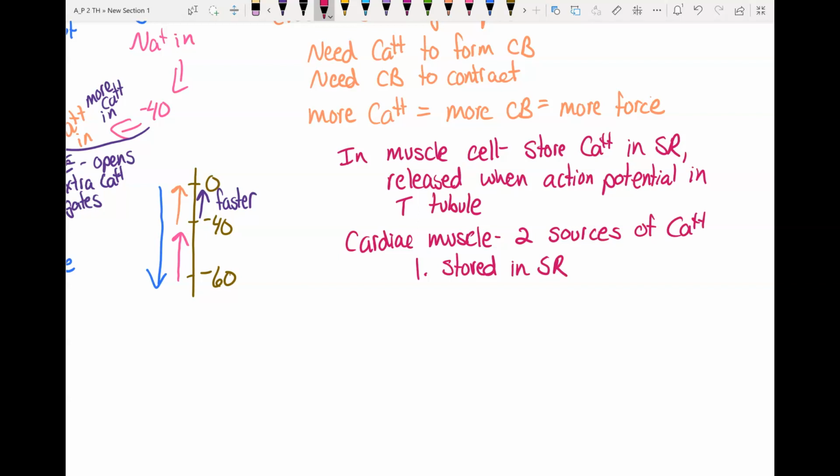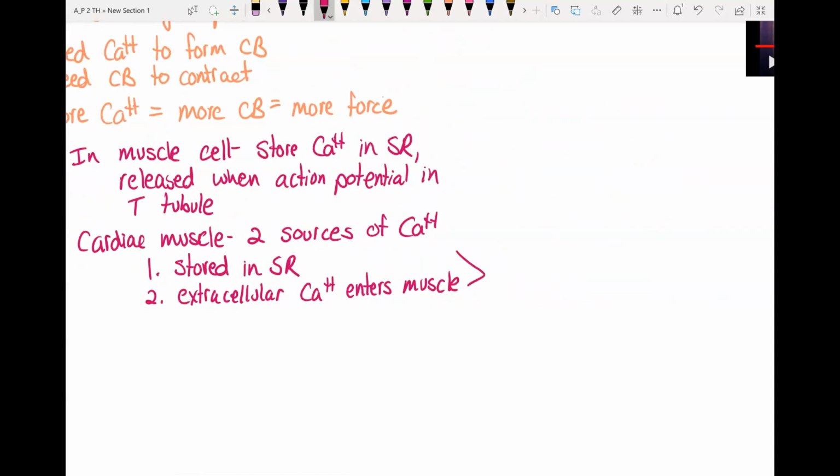But you also have a second source. Extracellular calcium will enter the muscle cell. Both of these calciums will be used to form cross bridges.